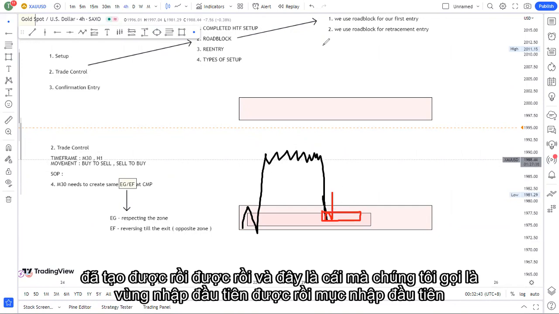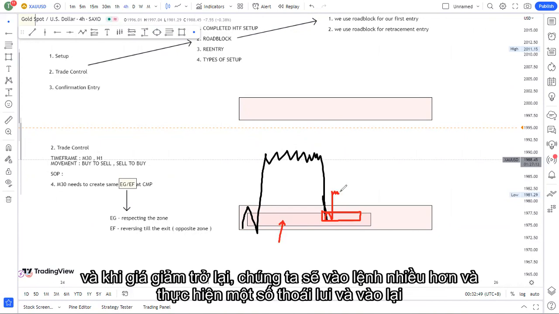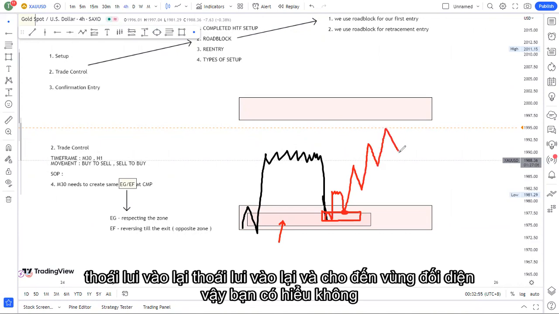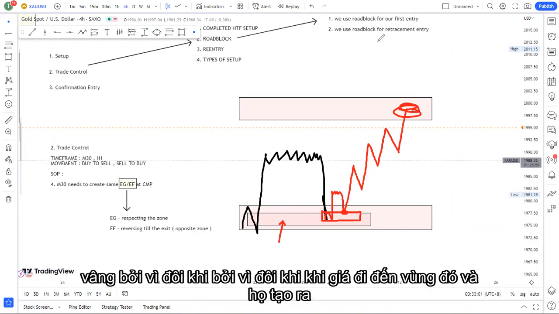This is what we call the first entry zone. That's the first entry, and then when the price pulls back, we are going to enter more with retracement, re-entry, retracement, re-entry, until the opposite zone. Do you understand? Yeah, I understood.